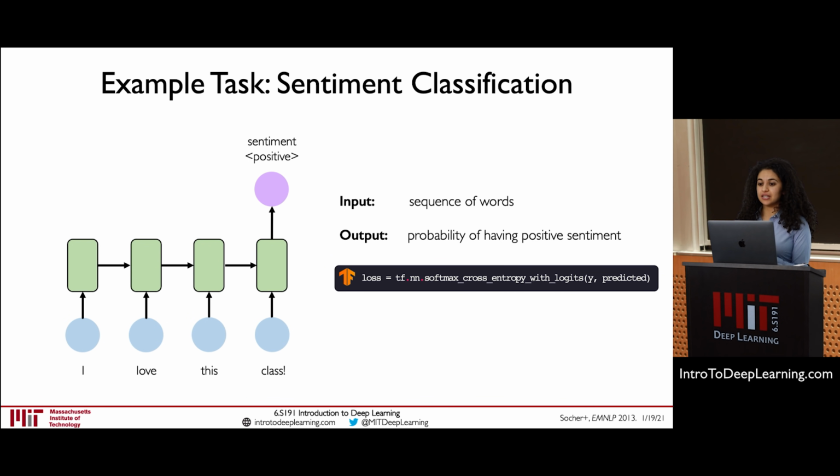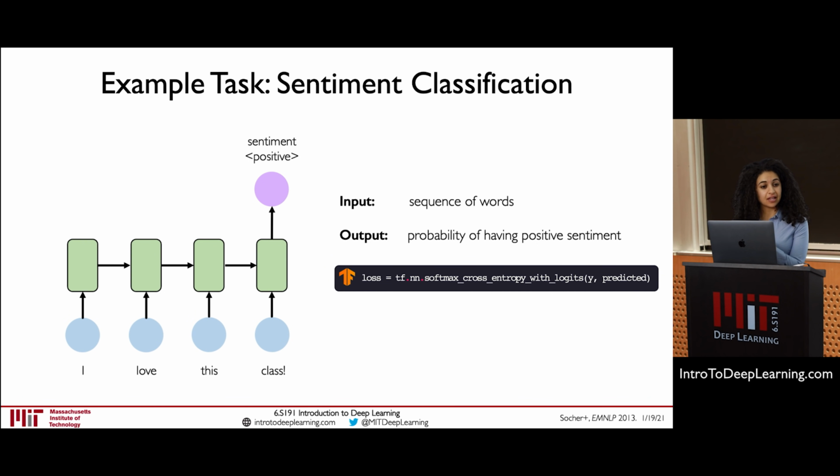Another cool example beyond music generation is one in language processing, where we can go from an input sequence, like a sentence, to a single output, where we can train an RNN to produce a prediction of emotion or sentiment associated with a particular sentence, either positive or negative. This is effectively a classification task, much like what we saw in the first lecture, except again, we're operating over a sequence where we have this time component.